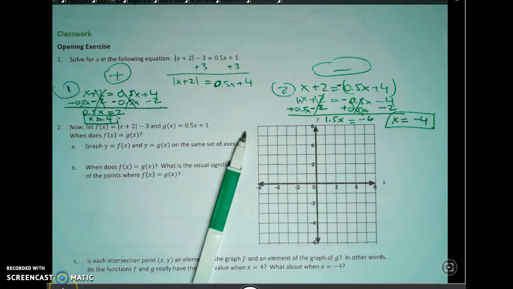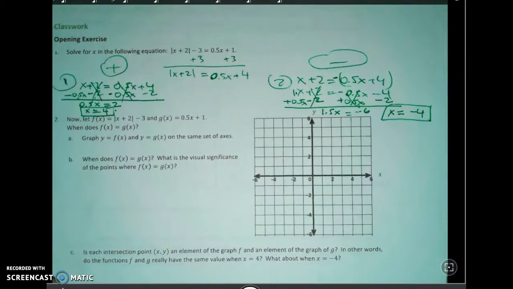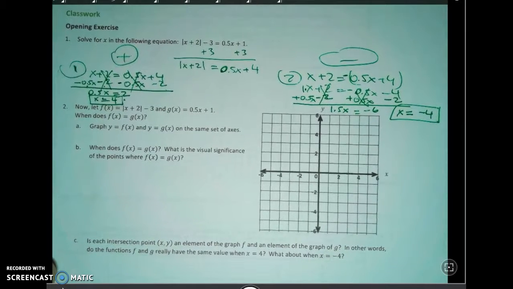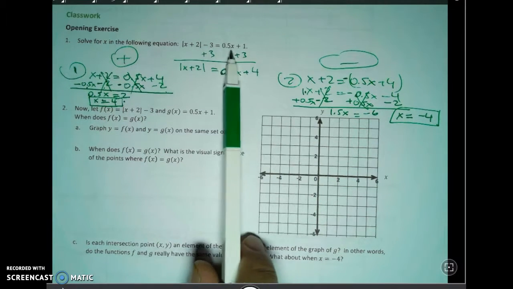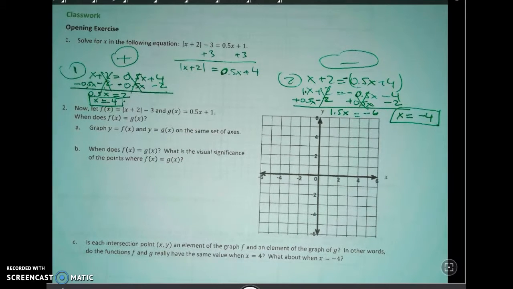Let's look at exercise 2. Now it says let f of x be absolute value of x plus 2 minus 3, the same as before, and g of x be the other function, which is 0.5x plus 1.